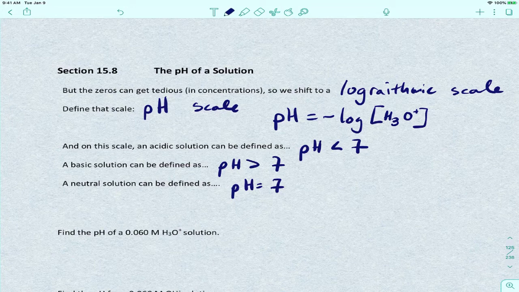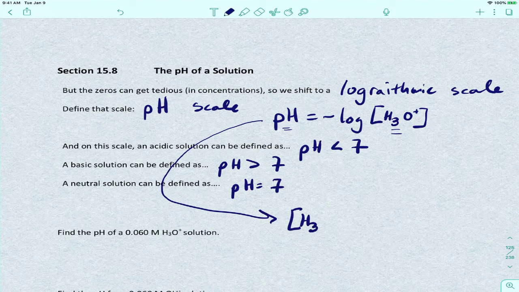Let's say instead of solving for pH, you had to solve for H3O plus. What that equation would look like is this. We have to undo that logarithm. So the concentration of H3O plus is going to be equal to 10 raised to the negative pH.